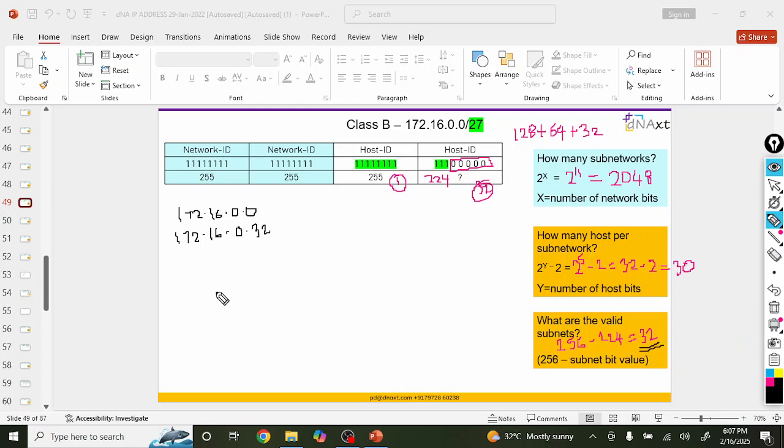Then 172.16.0.64, then 64 plus 32 is 96, so 0.96. Then 96 plus 32 is 128, so 0.128.